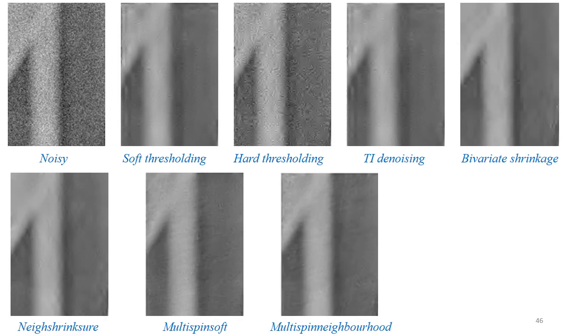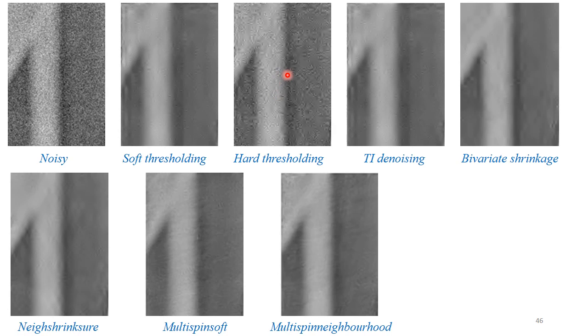For better understanding, a part of the Lena image has been taken, usually this line plus the constant gray level area for the comparison, and here we can observe the actual effect. Soft thresholding: over smoothing. Hard thresholding: artifacts are created.